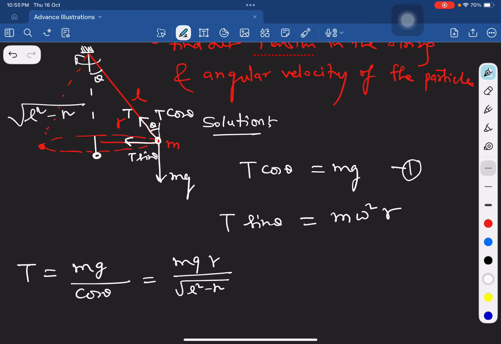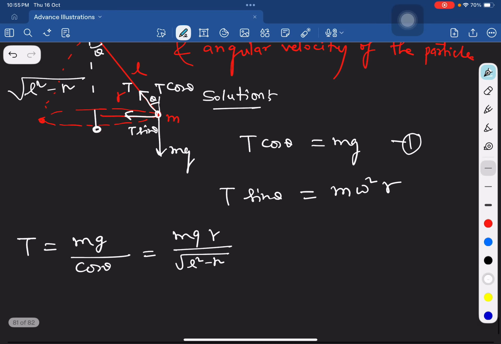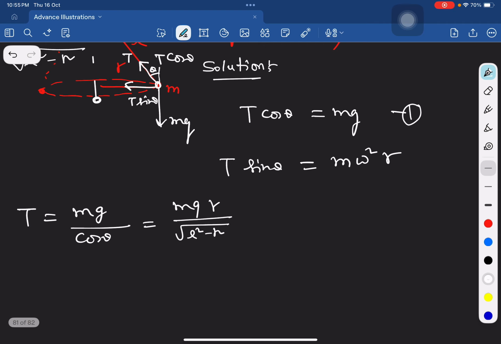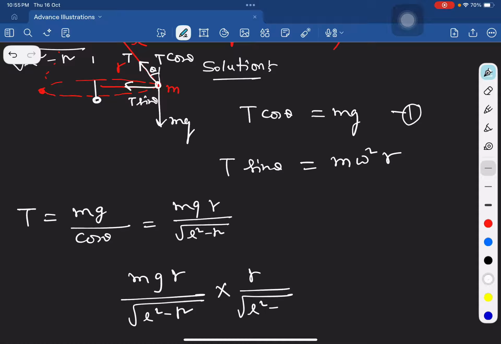And if you talk about the omega, we can use T sine theta is equal to m omega square r. Let me write down the things here. So T will be mgr divided by under root of l square minus r square. Sin theta will be r divided by under root of l square minus r square, equal to m omega square into r.